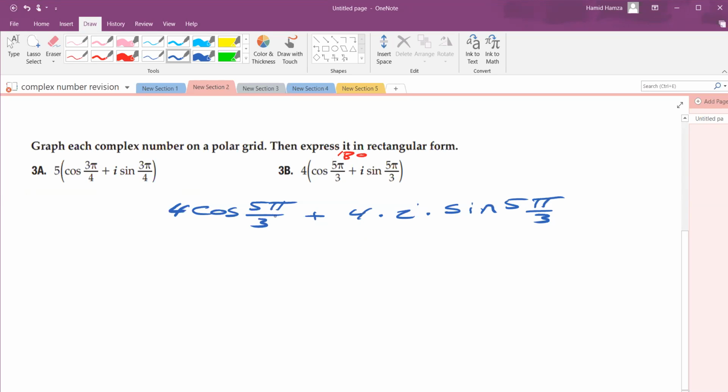So we'll multiply 4 by cosine 5 pi over 3. This one gives you 2, I think. And this one gives you negative 2 root 3 i. Yeah, like this. So this is the rectangular form of this one. So any question?